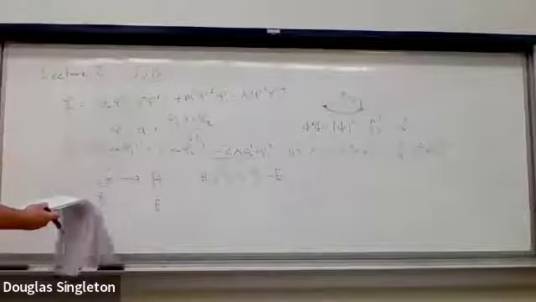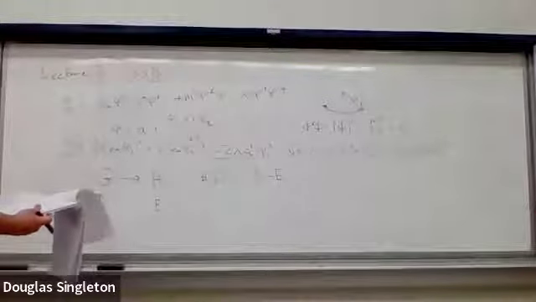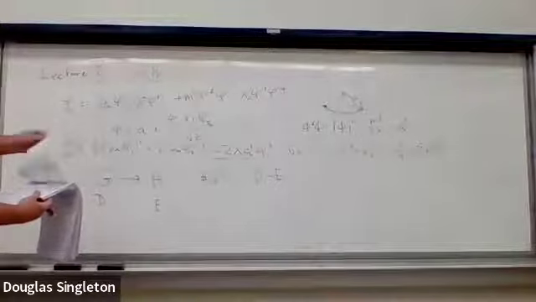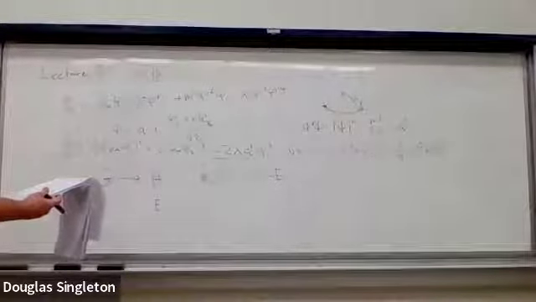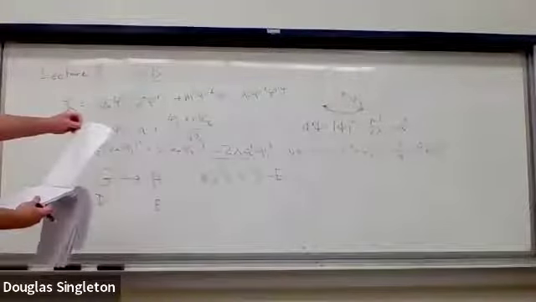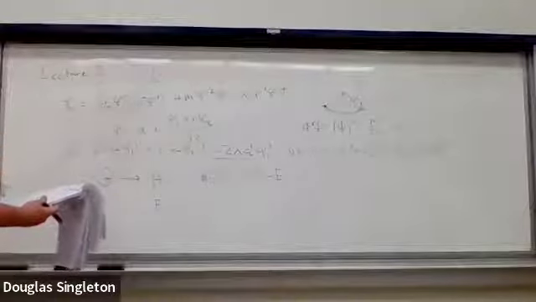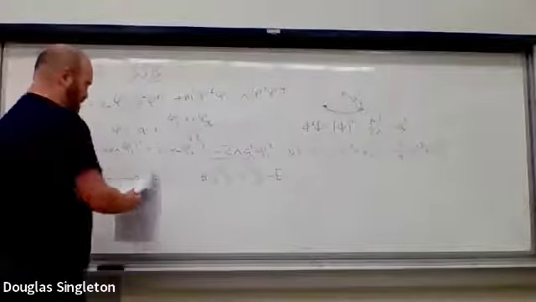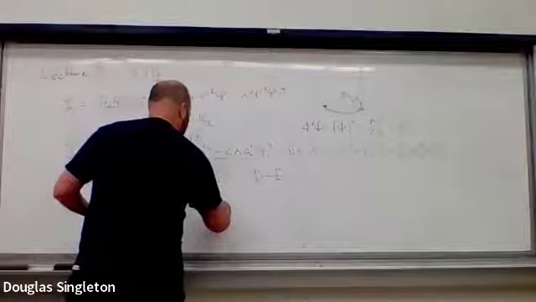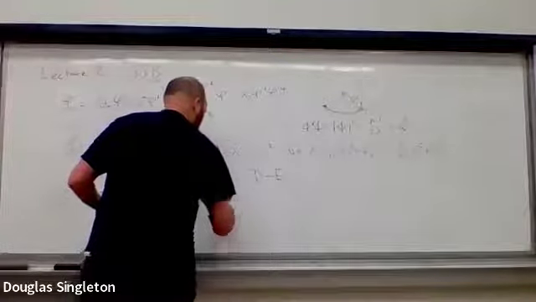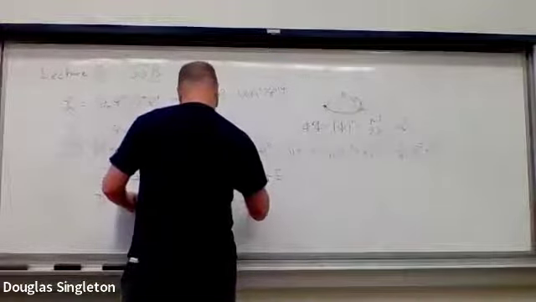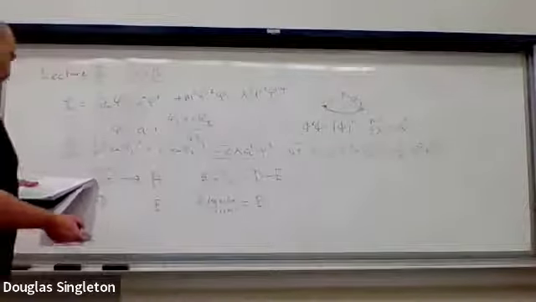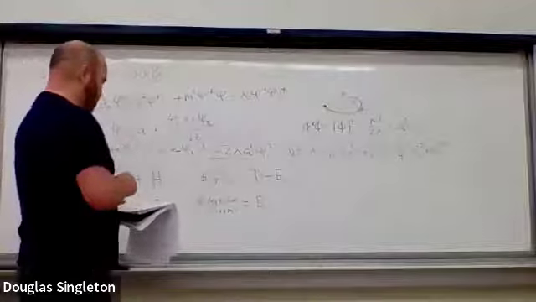So the number of massive bosons is going to be equal to the dimension of H. And the number of Goldstone bosons is going to be the original dimension minus the number of massive things.